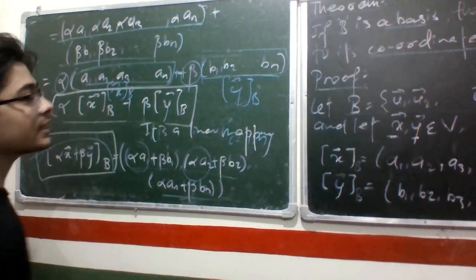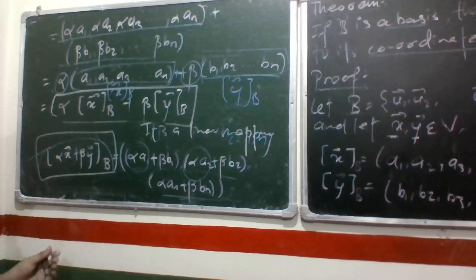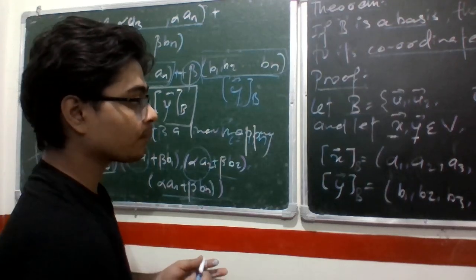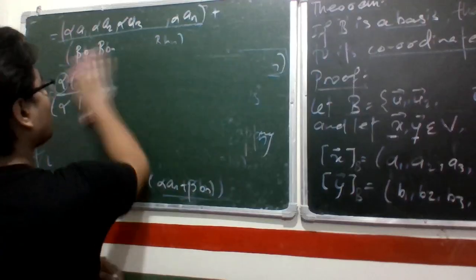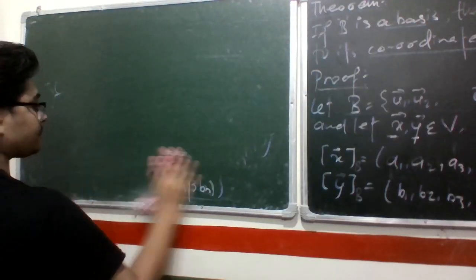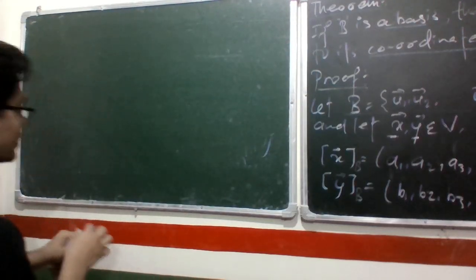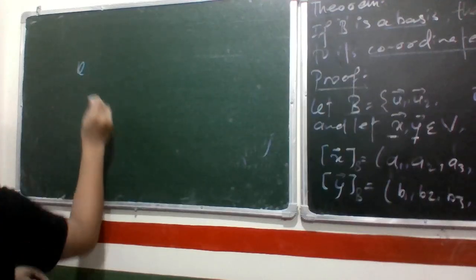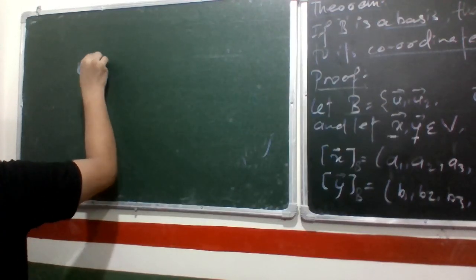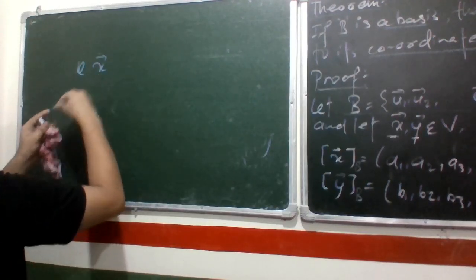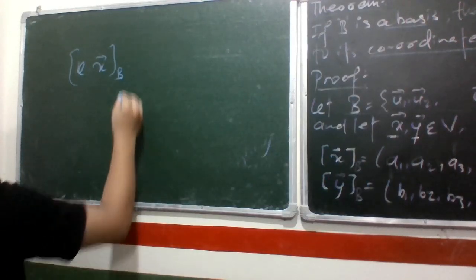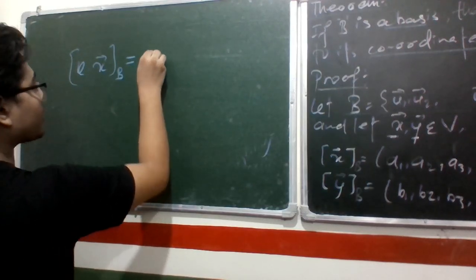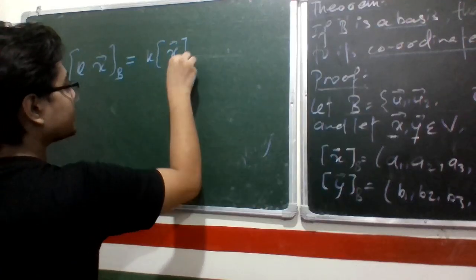Another thing that you have to prove is that if we consider a constant k times the x vector and the coordinate vector of this, then this must be equal to k times of this.